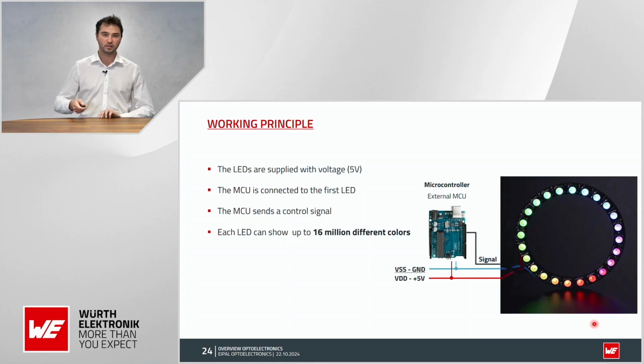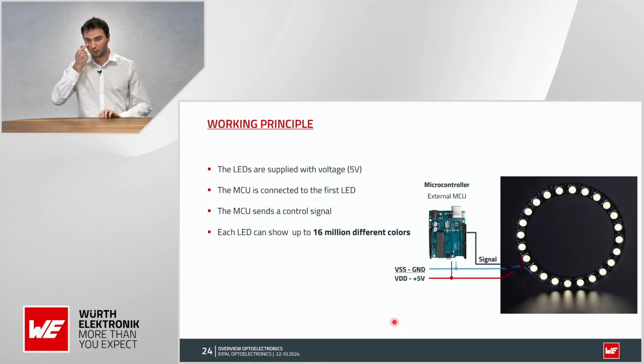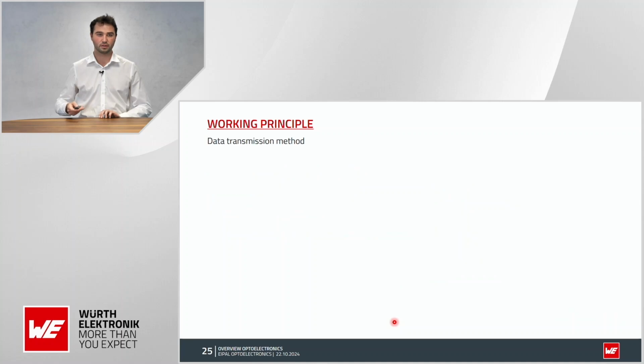Here you see a simple principle of how you can connect the LEDs. You just need ground and VDD in parallel, and then you have a signal line that is going in series through all of the IC LEDs. And with this, of course, you can do a lot of different colors depending on your requirements.